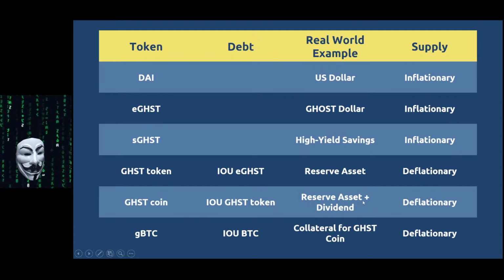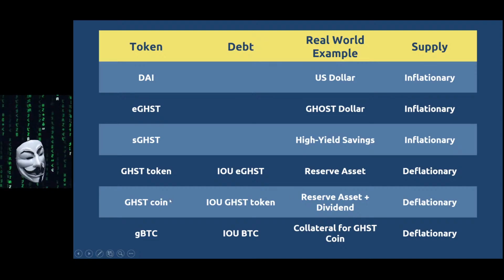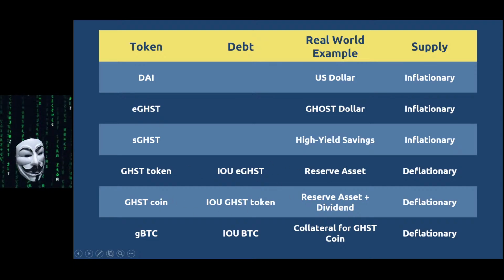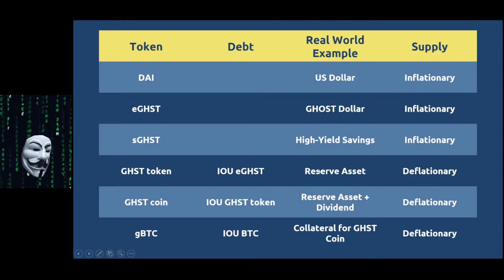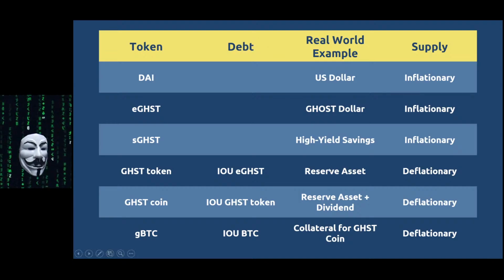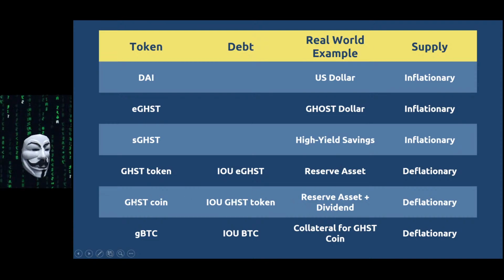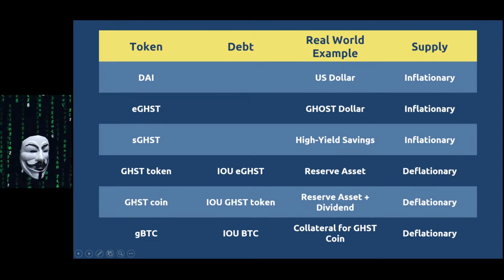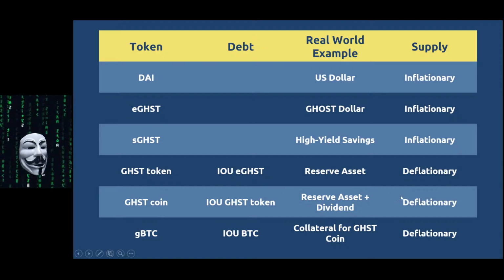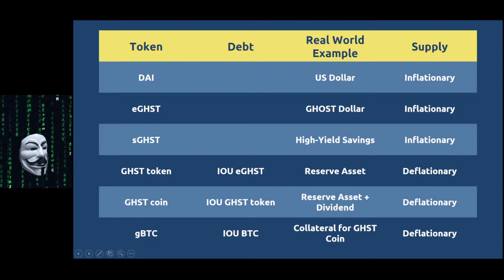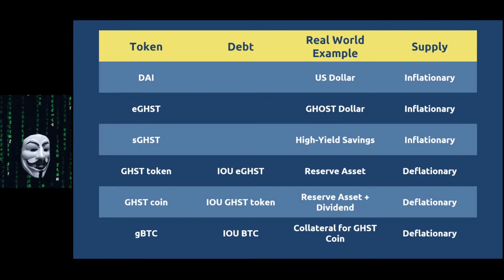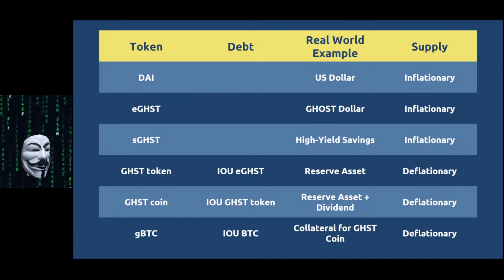So therefore, Ghost coins cannot drop like Ghost token on Uniswap, where your impermanent loss can overshadow your cumulative DEX fee, so you can actually go down. If you stake your Ghost coin inside of Ghost chain as a nominator or validator, the worst thing you can do is earn no staking rewards, so your dividend is zero. That's the worst case. Or the best case, you actually earn dividend on the reserve asset.